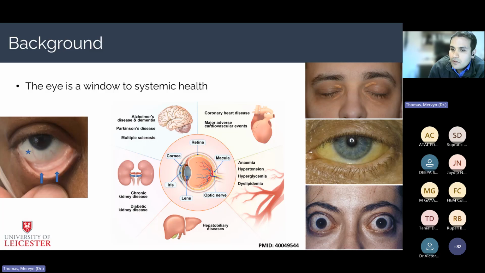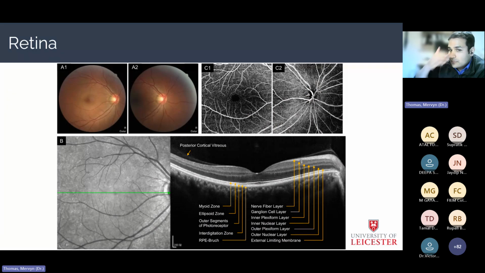But then if we move away from the external eye and look at structures inside the eye, this is an image. A1 shows what's called a fundus image. You might see this when you go to your optician or eye doctor. They take a picture of the back of the eye. And what you can straight away visualize, very much non-invasively, is the disc, which is the yellow round circle.